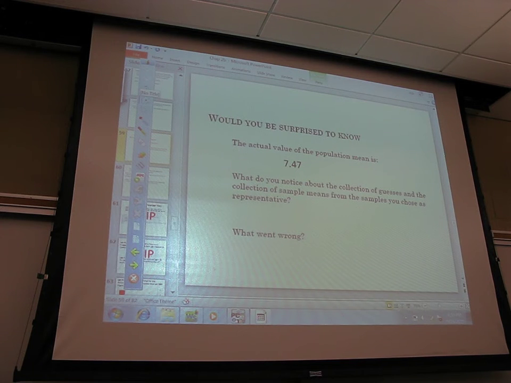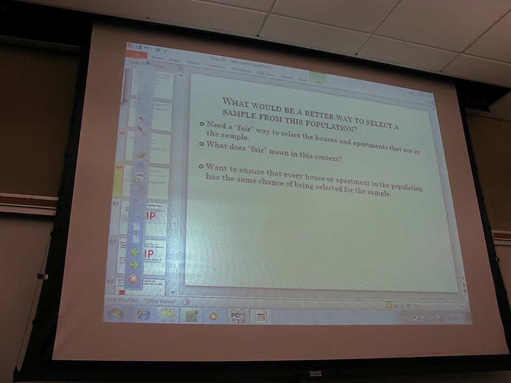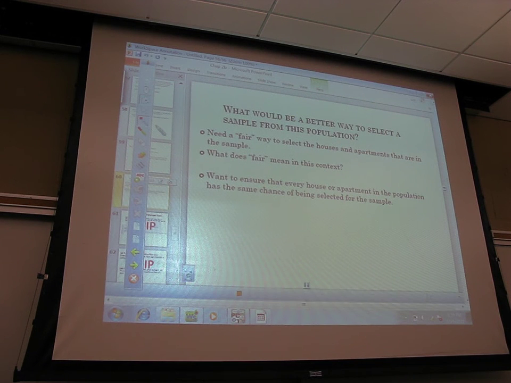So what do you think would be a better way to get a true, fair way of selecting them? These are all numbered from 1 to 100. What would be a fair way of selecting them? Talk to each other for 30 seconds. You can find a fair way of picking 5 to sample.